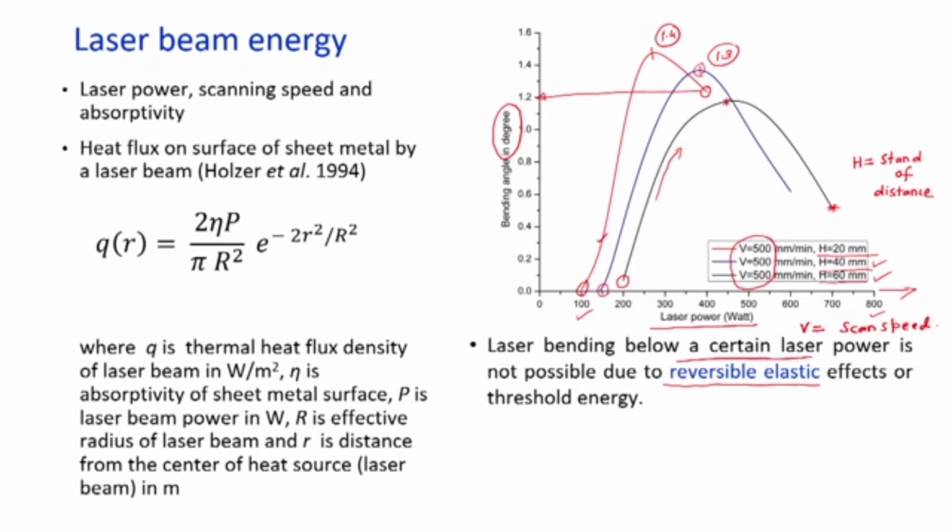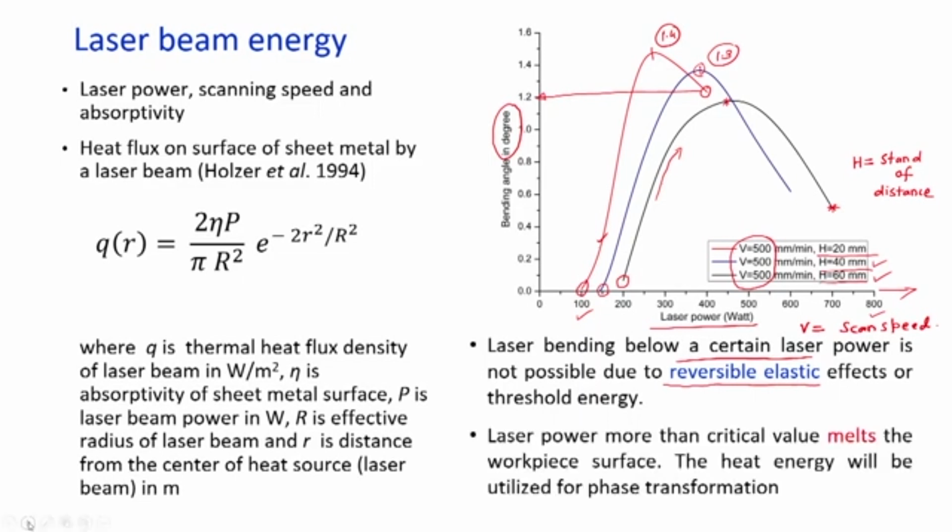We are applying less energy, and due to that the stresses generated are lower, and these provide the reversible elastic effects. There would be elastic deformation, and after the laser passes over the surface, the work part will regain its original size and shape. But we want the plastic deformation. So, we have to work in the irreversible zone where there should not be any recovery of the work part dimension.